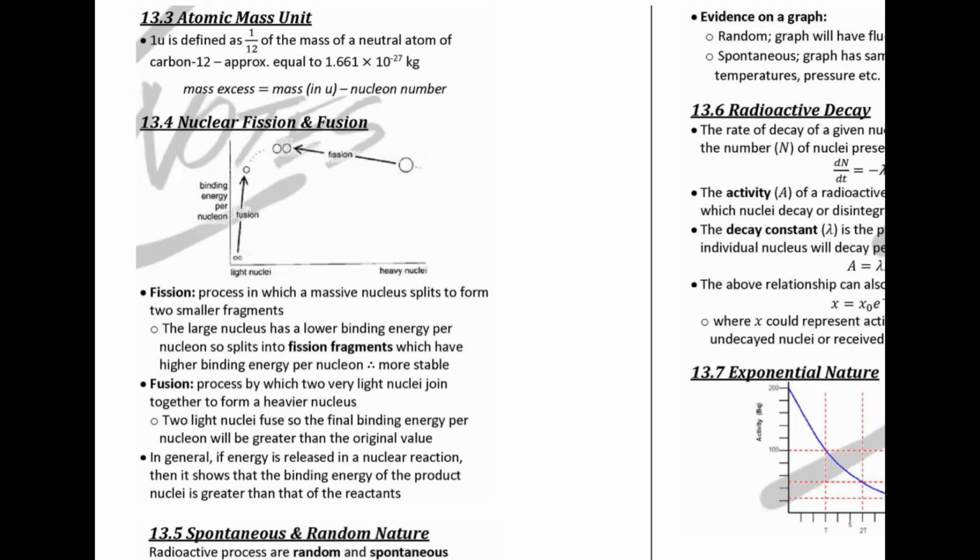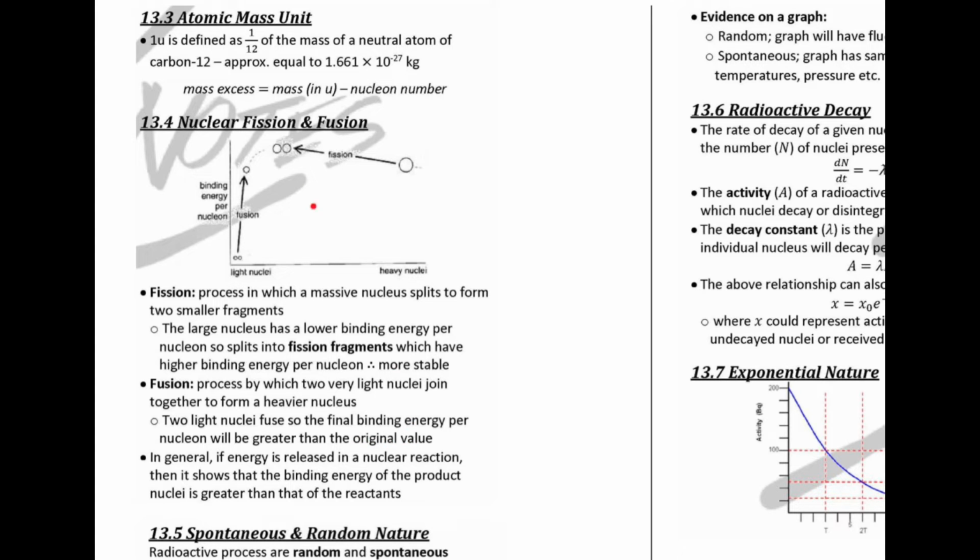Now fusion, the process by which two very light nuclei, as in here, join together to form a heavier nucleus. These two join together to form a heavier nucleus. When two light nuclei fuse, the final binding energy per nucleon will be greater than the original value.